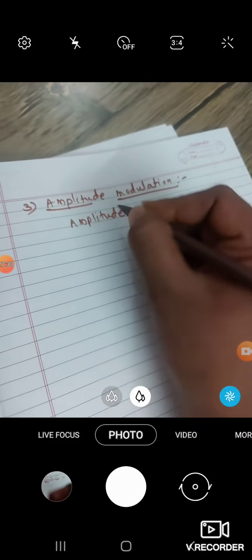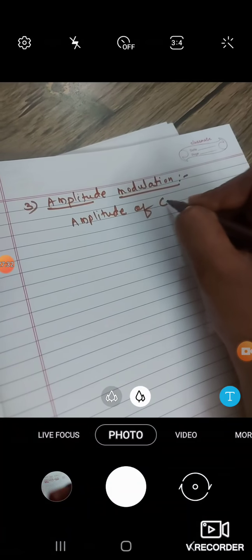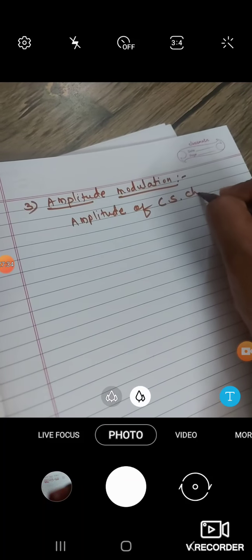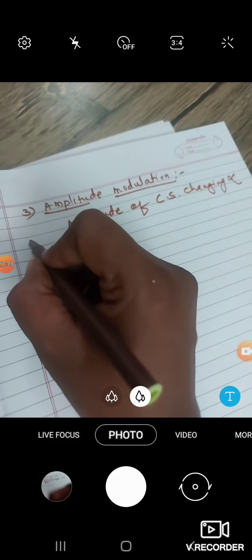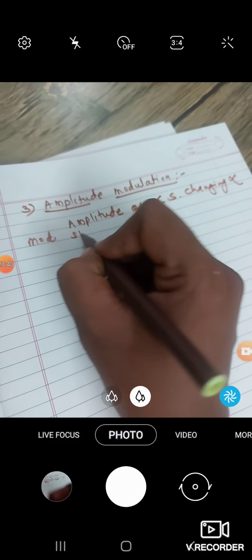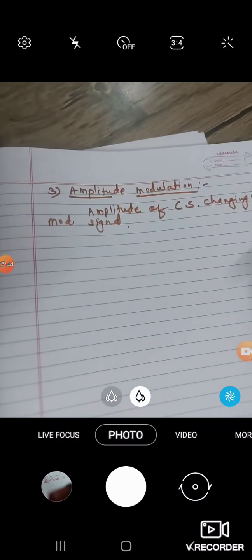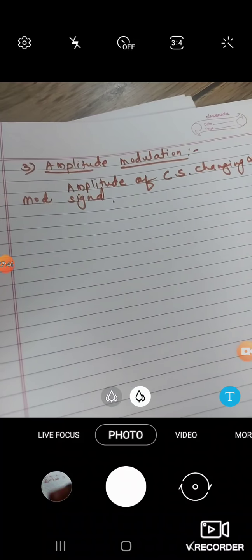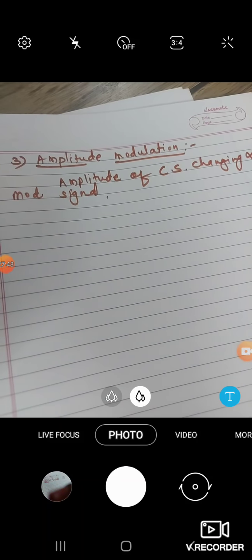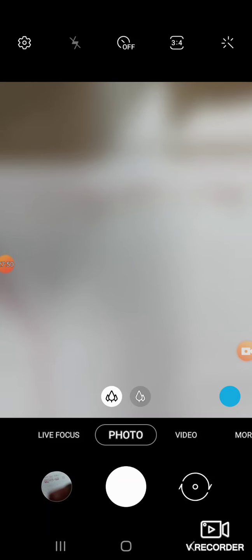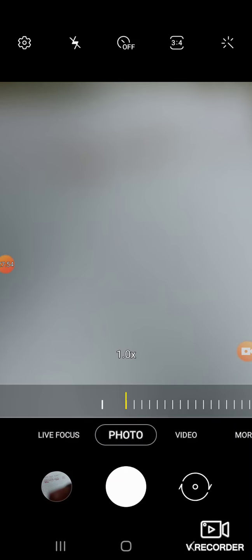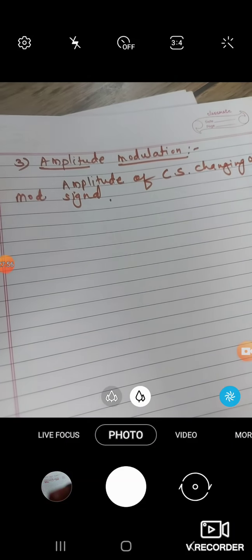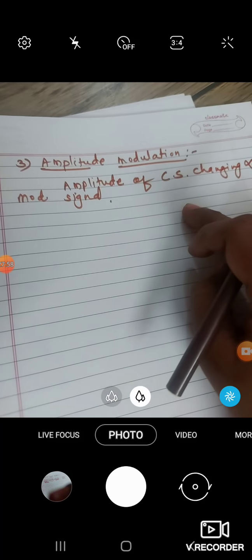The amplitude of the carrier signal is changing in proportion with the modulating signal. That is the concept of amplitude modulation.